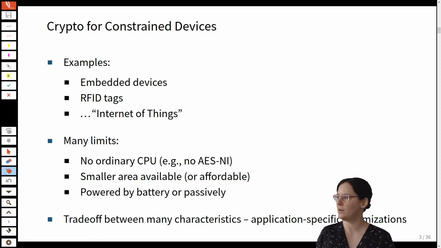So there are some limits as to what these devices can support. Examples of such constrained devices are embedded devices, so small microcontrollers that are used a lot in the Internet of Things, but also even smaller things like RFID tags, which have really, really limited resources, where limited means you don't get many things that you're used to on your PC. On your PC, it's really comfortable.